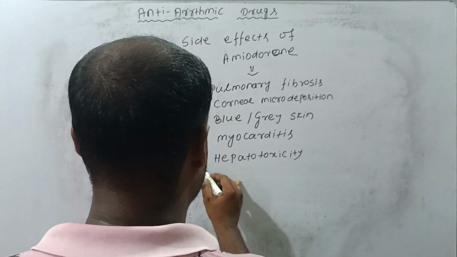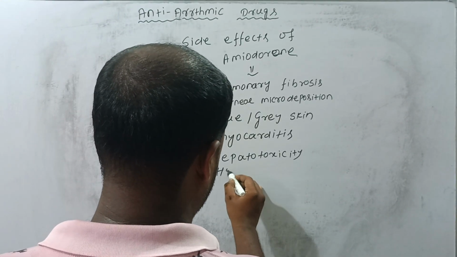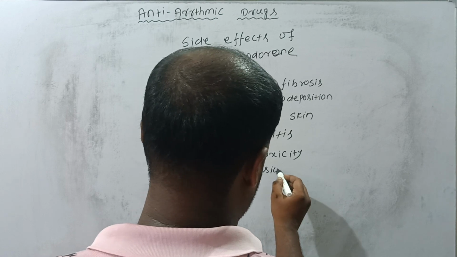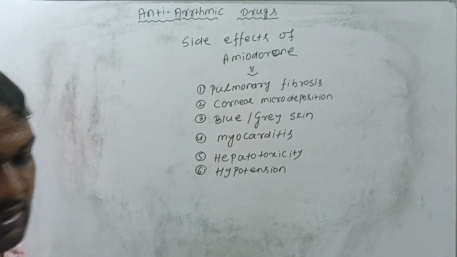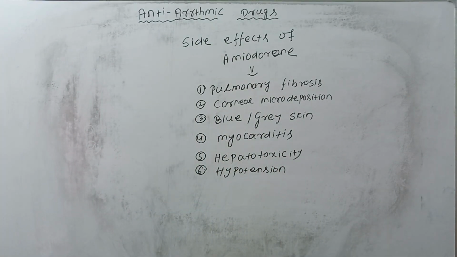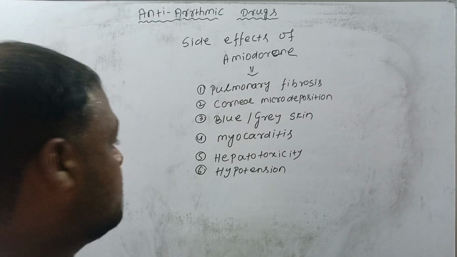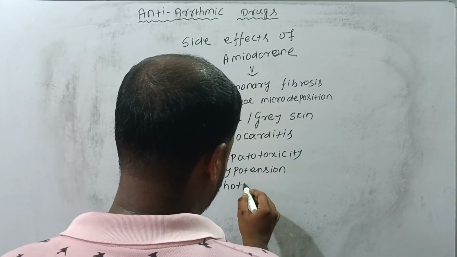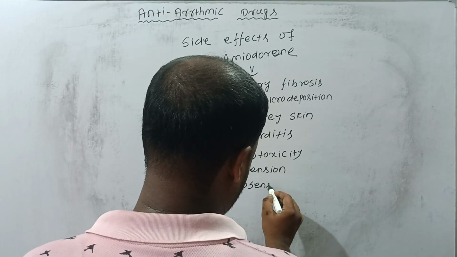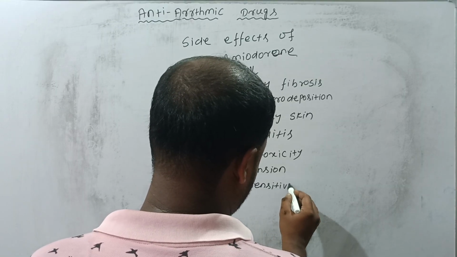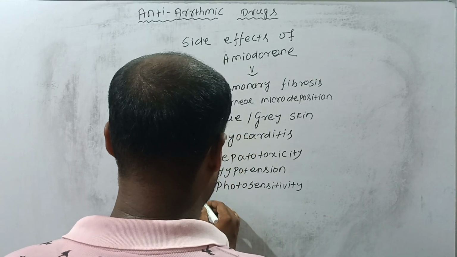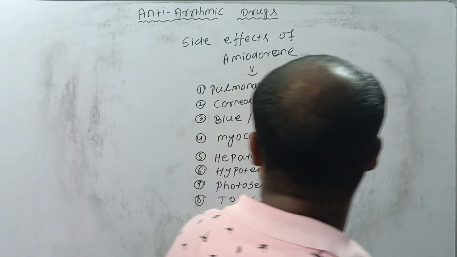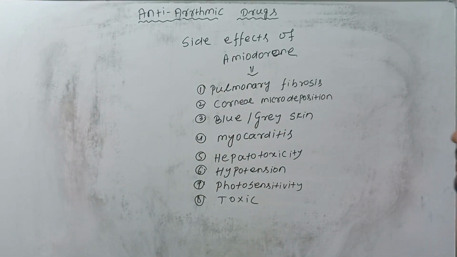Then hypotension. Hypotension means low BP. Then photosensitivity. Then the toxic effect.